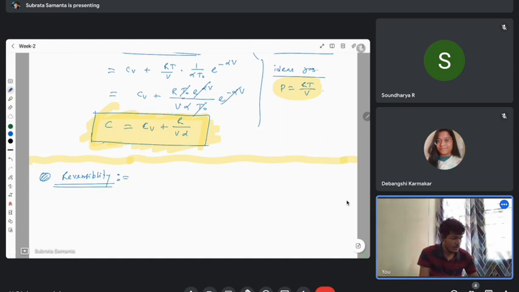Okay. So what does a reversible process mean? First of all, let's consider the adiabatic process.